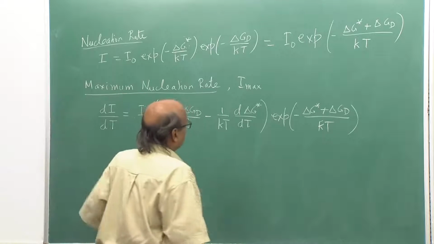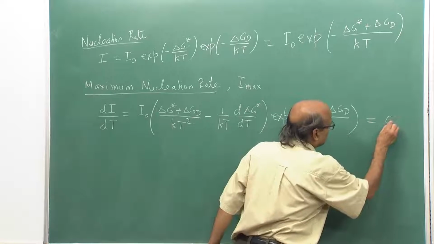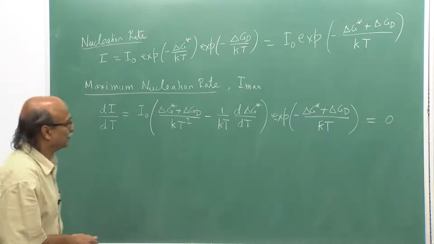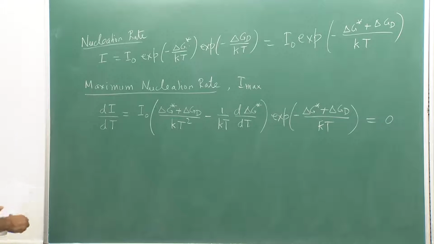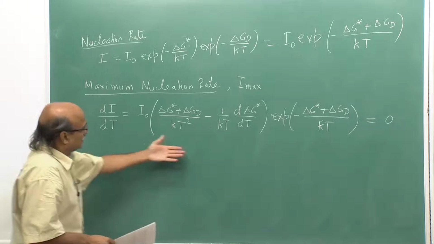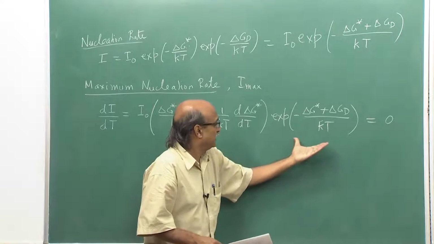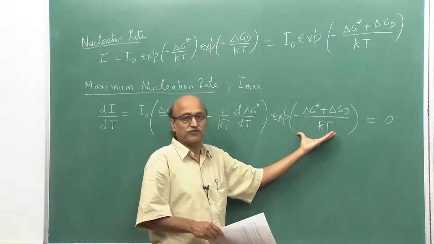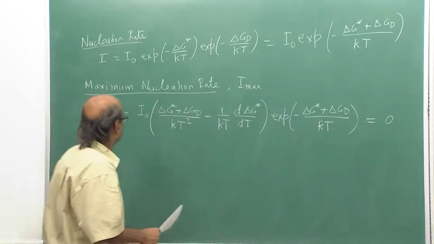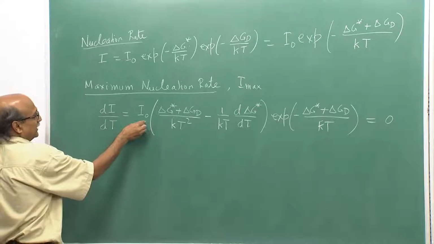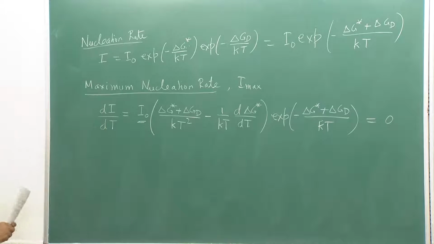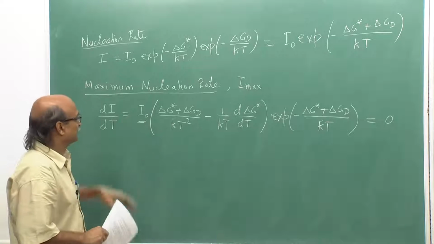And in order to get I max, this will be 0. Now, let us examine this. This exponential term will never be 0. I naught is again another non-zero constant.